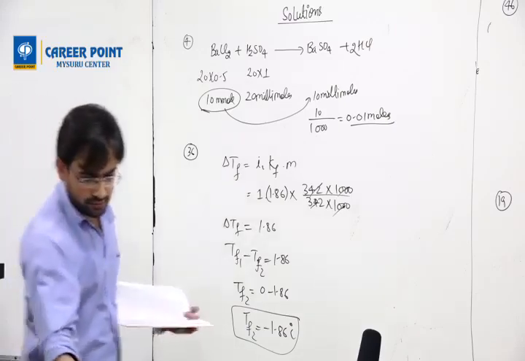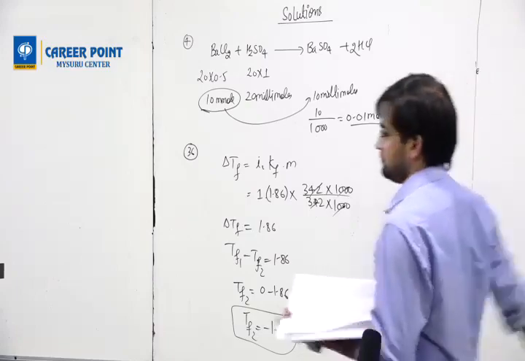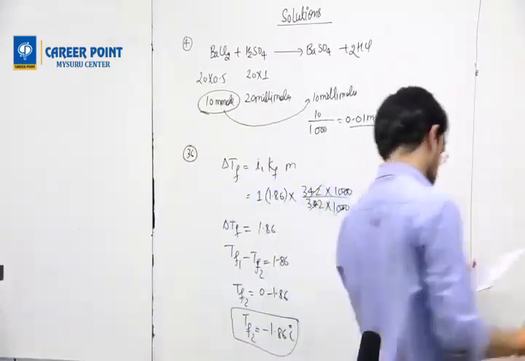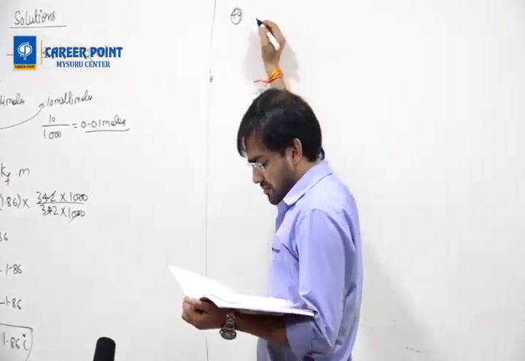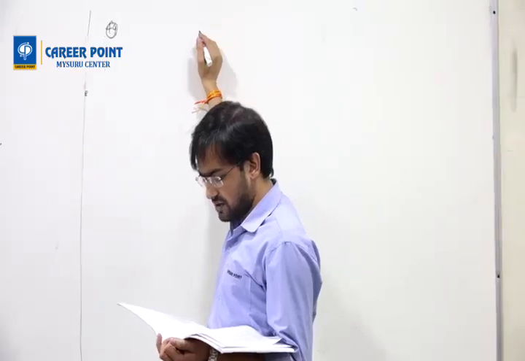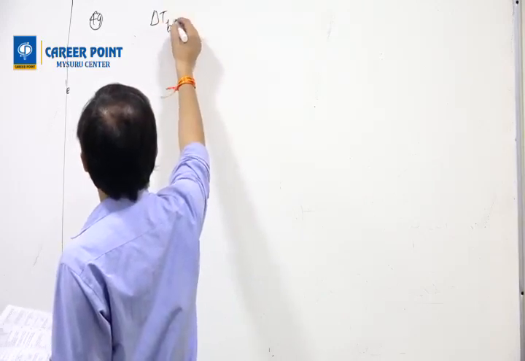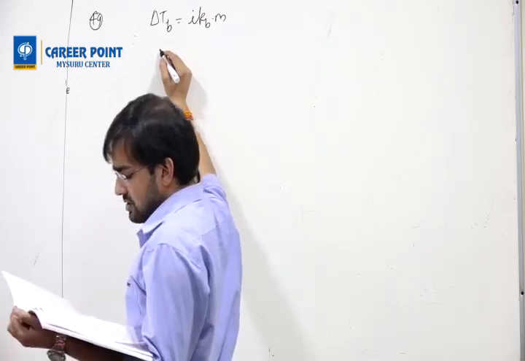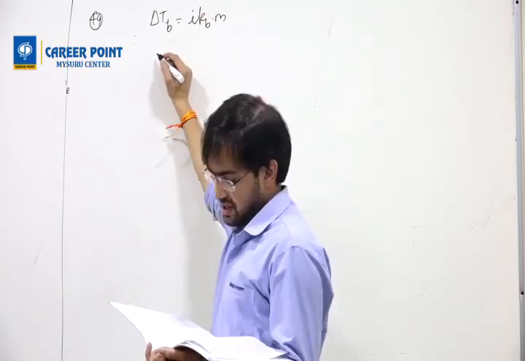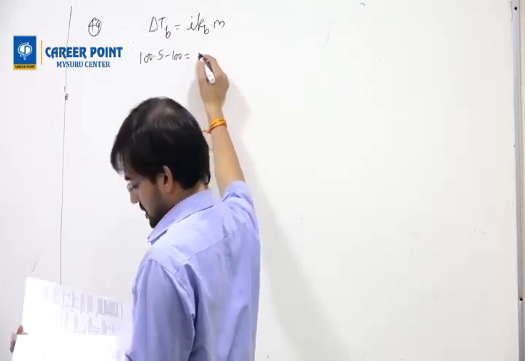Question number 49 also. When 2 gram of solute is dissolved in 50 gram of water, then measured boiling point is this. If Kb is this, find out the molecular mass. So we'll do delta Tb equals to i Kb dot m. Now, measured boiling point is 100.5. So how much delta Tb? 100.5 minus 100 equals to.